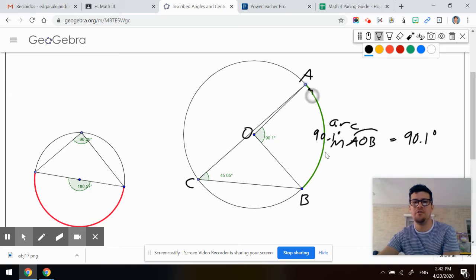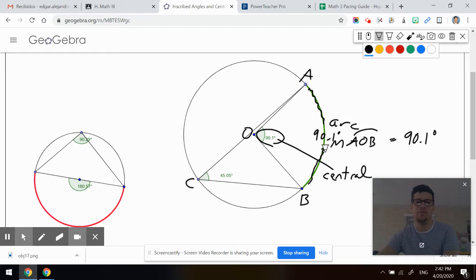That is how large that angle is. This one right here is really central, so we call it a central angle.